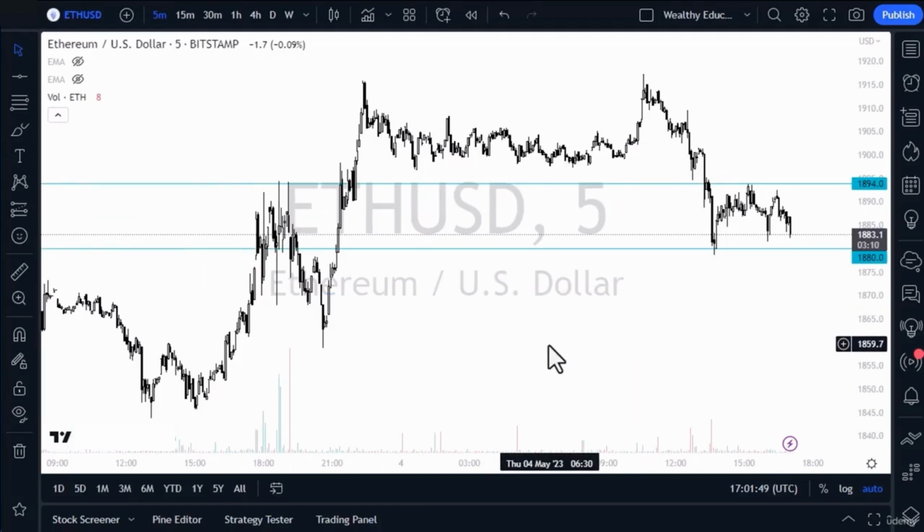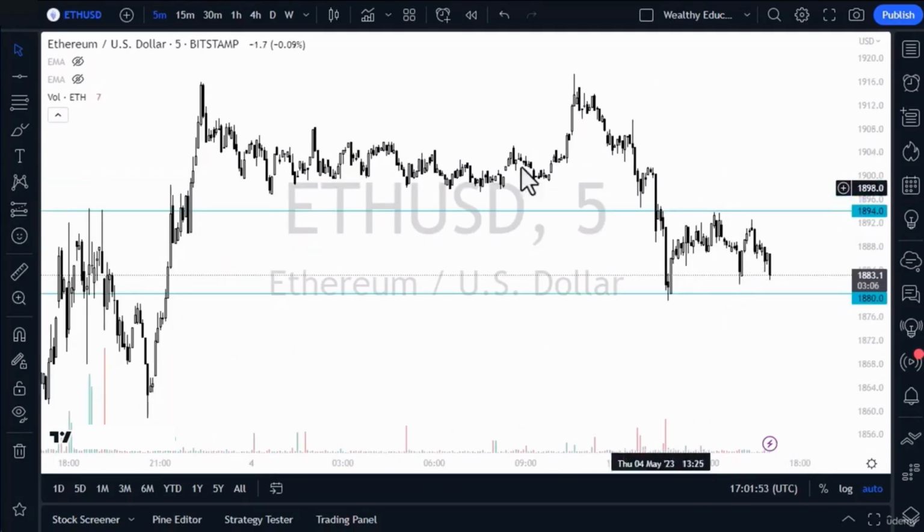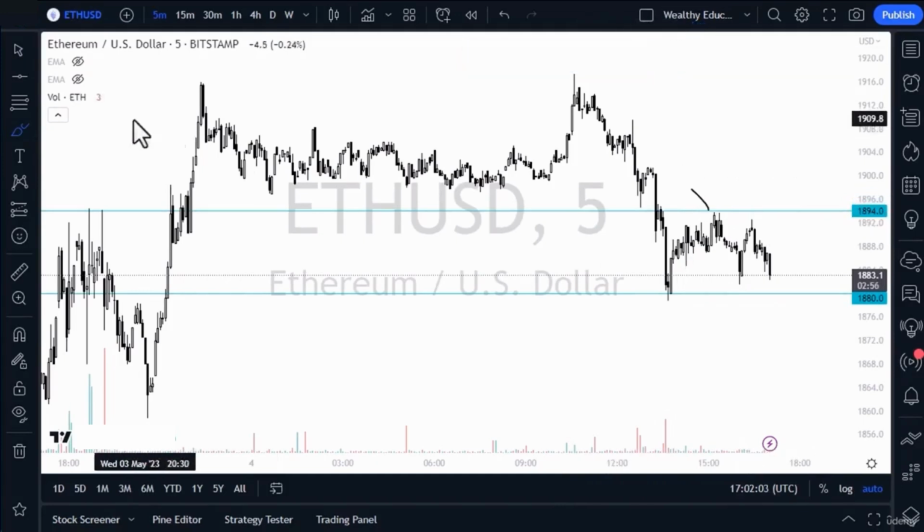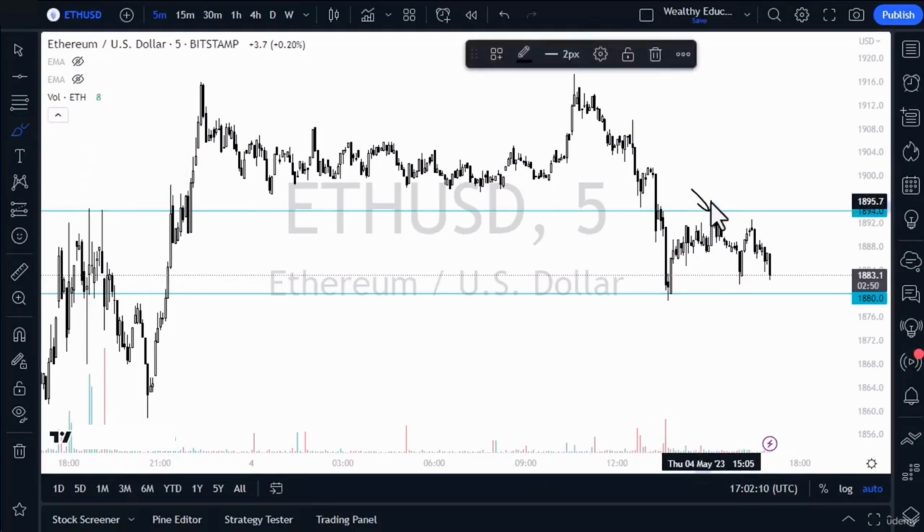Well, you approach this knowing that at least in theory, there should be some trouble getting above this area. You also need to know that it's probabilities that we're dealing with.